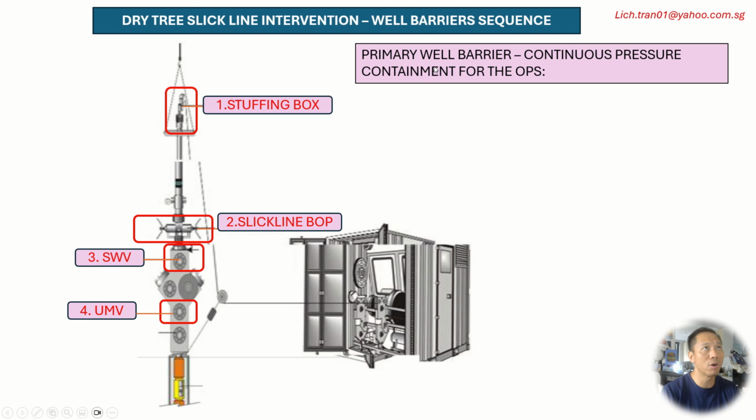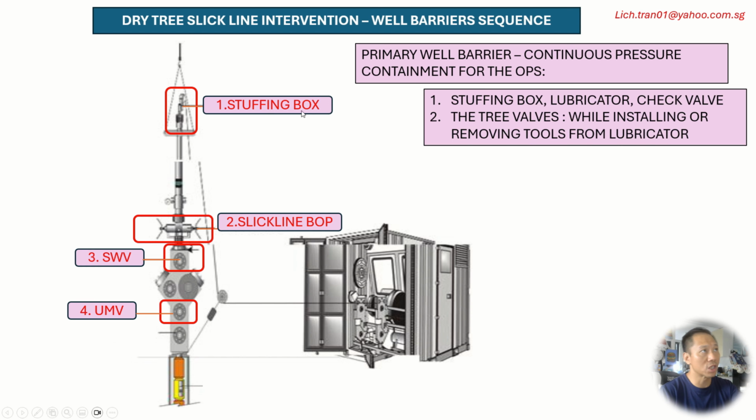Primary pressure barrier is the one that continuously supports and contains the pressure to allow continuous operation. All right, so the stuffing box, the lubricator, the check valve, those are the primary. And the three valves are only considered primary when you are installing or removing tools from the lubricator.